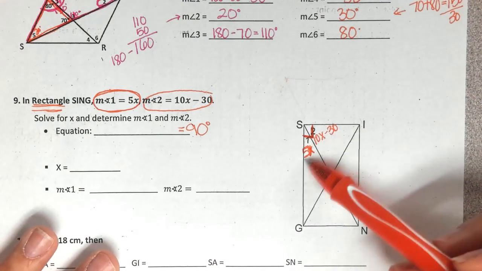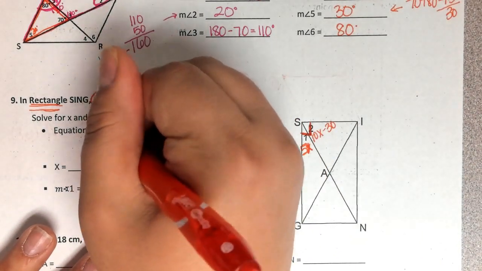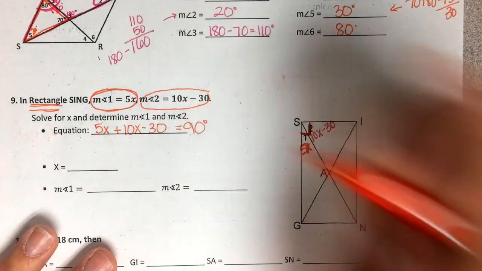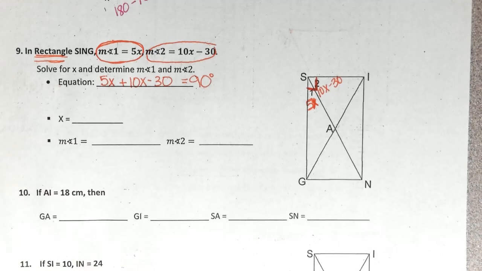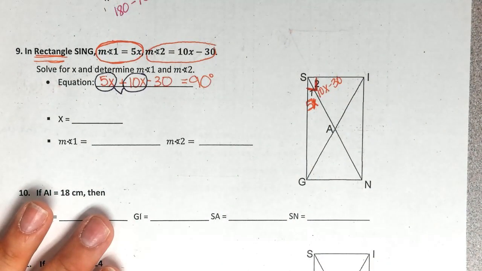So what am I going to do to these to figure out what they are? I can add them. 5x plus 10x minus 30. Write this down, please. I am adding them together and they equal 90 degrees. What do you notice? 2 x's. What do I do when there are 2 x's? Are they on the same side or different sides?